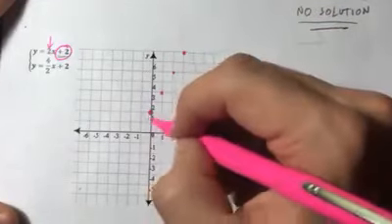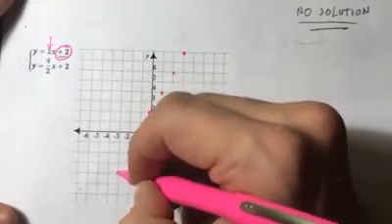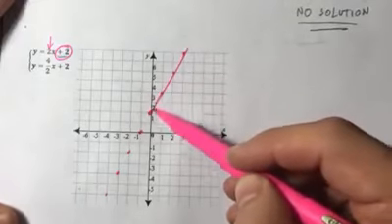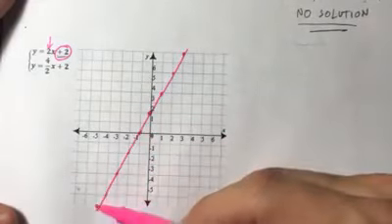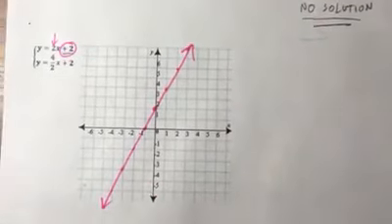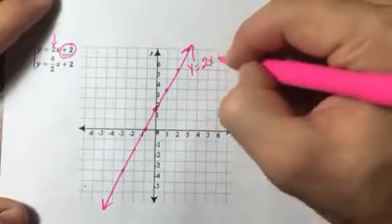And we can work backwards, go down 2, left 1, down 2, left 1, down 2, left 1. So the line's going to start to look like this. We can connect our points. Great. So this is the equation y equals 2x plus 2.